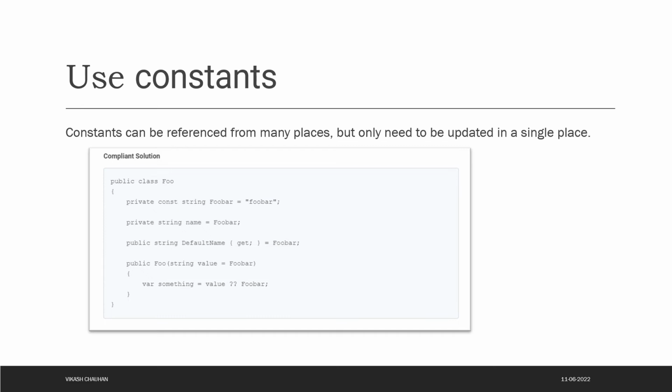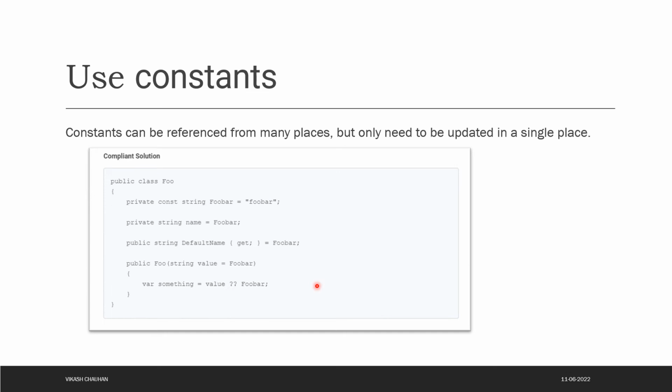Now in this screenshot we have refactored this code. Here we created a constant variable called foo bar with the value of foo, and if you notice, we use the const keyword here. If you use the const keyword with any variable, we cannot change it throughout the program life cycle. Earlier the same foo bar value was used at 4 places, but here we have hard coded it in the foo bar constant variable and use it at multiple places: here, as a default value as well, and in this null condition as well.